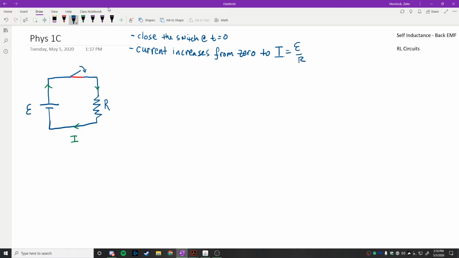So the current is going to increase from 0 up to I, which is equal to the EMF divided by the resistance, right? This is Ohm's law. And that's going to occur over some time, probably a very small time. The current increases from 0 to this, right?